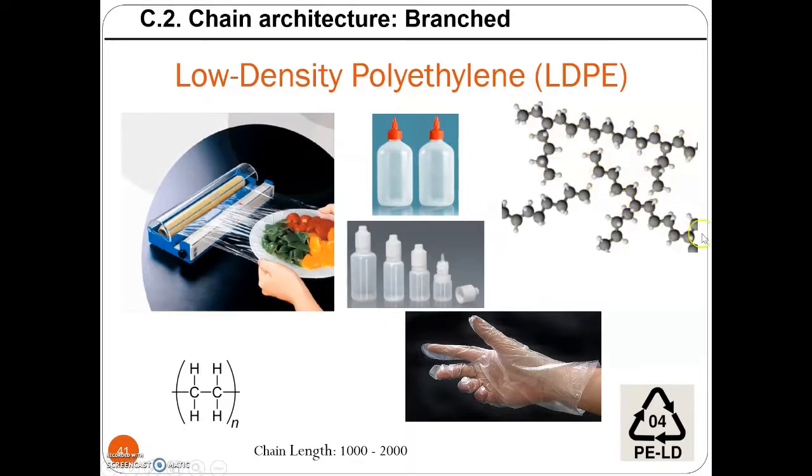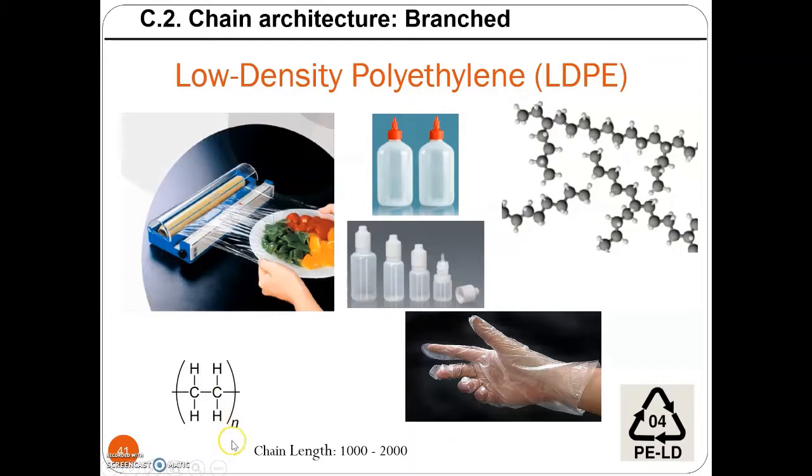Because of these branches, these polymer chains cannot easily pack together. Thus, they are of low density, and they are used in plastic bags, for example, for packaging plastics, for food as wrapping films, or for healthcare as dropper bottles, where we can control the quantity of medicine given, etc.